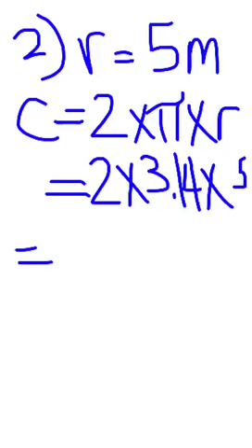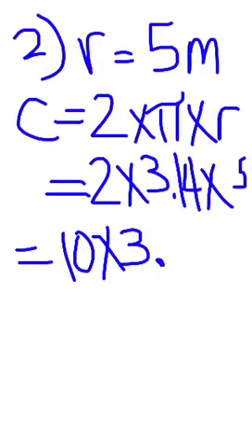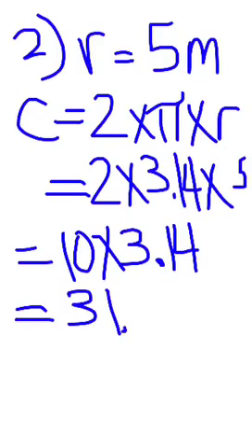And multiply. The order you multiply is up to you. I multiplied 2 times 5 to get 10 times 3.14. So our circumference, or distance around the circle, is 31.4 meters.